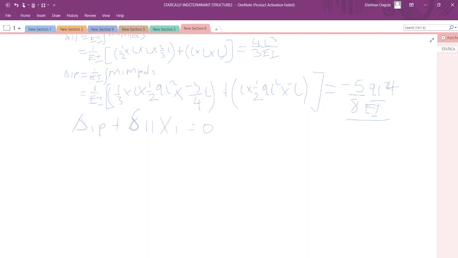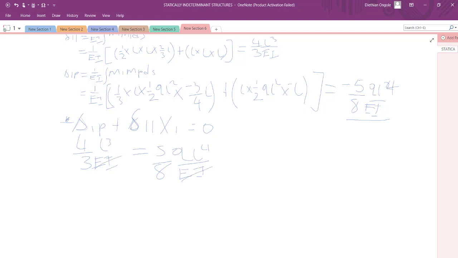So delta 11 is equivalent to 4 over 3 EI times L cubed, which is supposed to be equal to, when this one crosses the equal sign, it becomes positive, so it becomes 5 over 8 qL to the power 4 divided by EI.